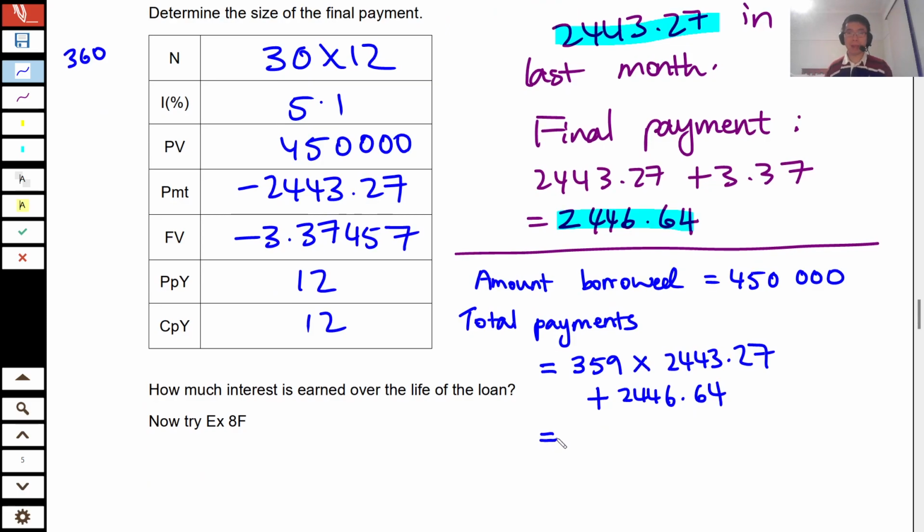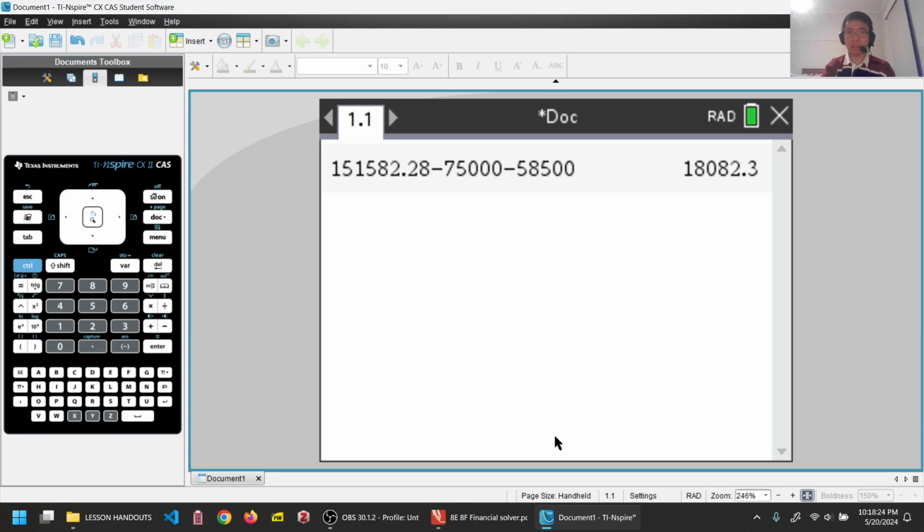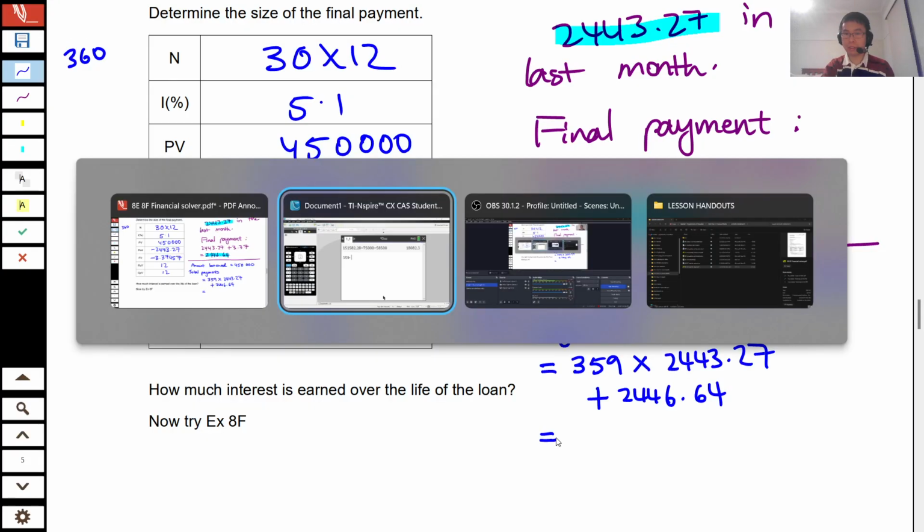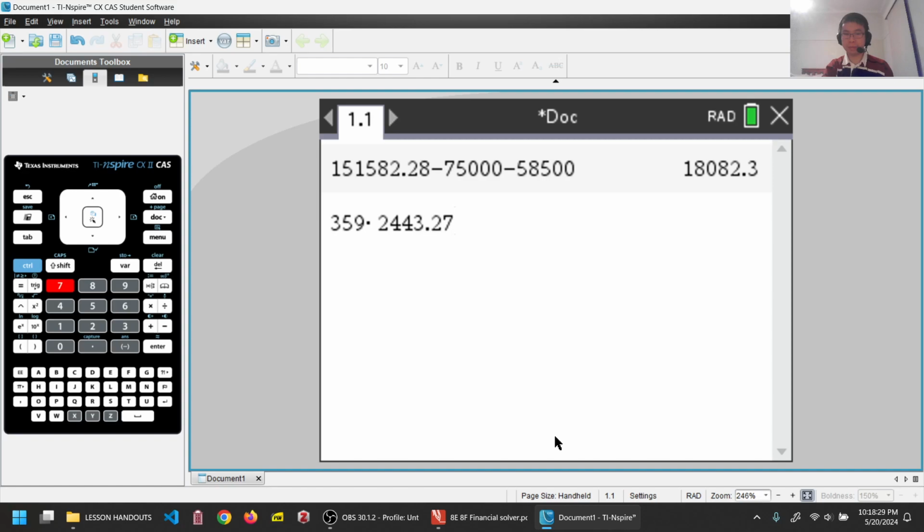Again, we'll need to go back to the calculator, so let's do that. 359 times 2443.27 plus 2446.64. Press enter. Now, my calculator has not rounded this off prematurely because 9 times, hang on.